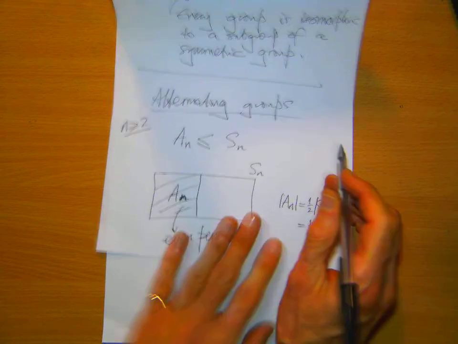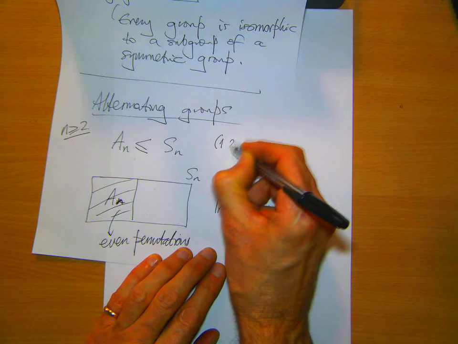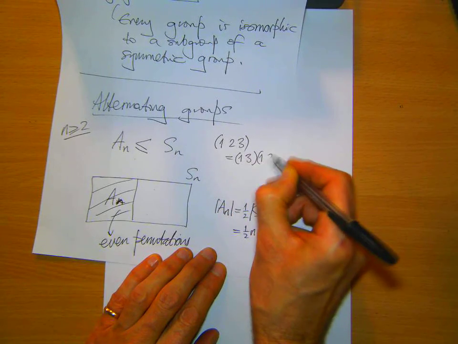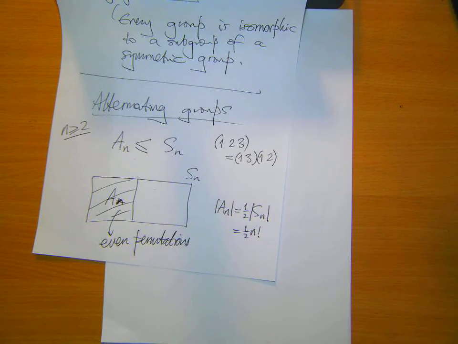So for instance, if I took the 3-cycle (1 2 3), it's easy to check that that's equal to (1 3) times (1 2). I can do that 3-cycle as a product of those 2 transpositions. Remember, (1 2) comes first, then (1 3).